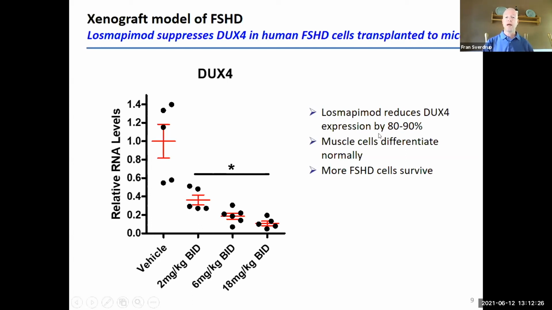One thing that I did notice is that with these levels of suppression of DUX4, the muscle cells did differentiate normally, became part of those mouse muscles, and actually more FSHD cells survived with treatment with losmapimod. So this was the type of data that would get us excited to go ahead and say, maybe we should test this class of drug in humans.